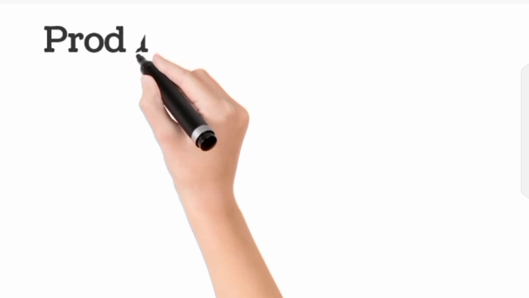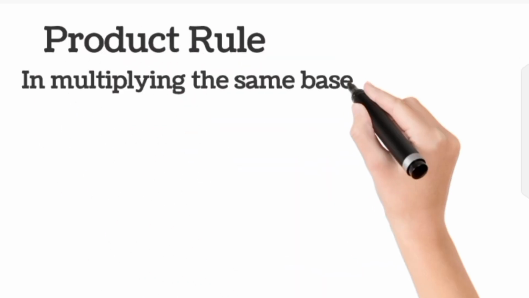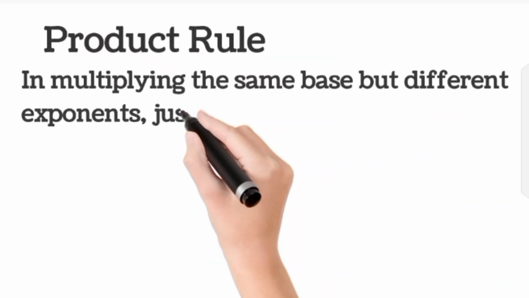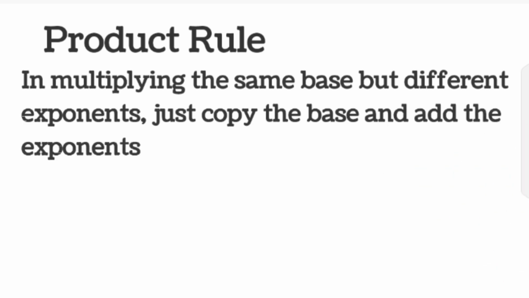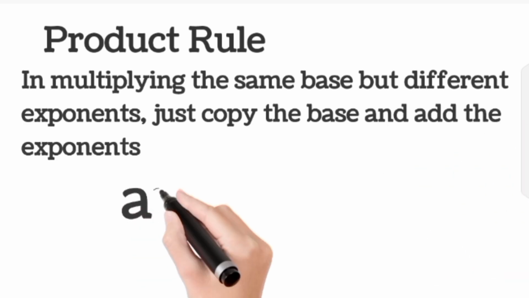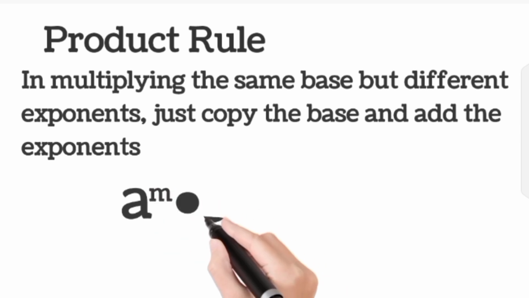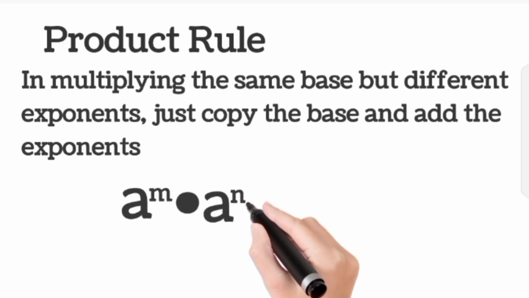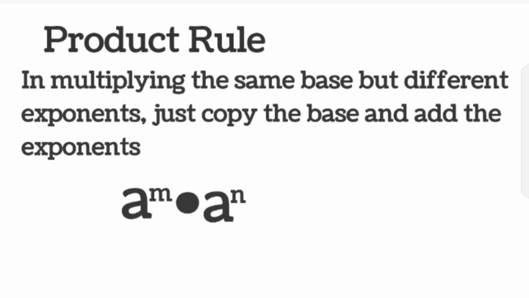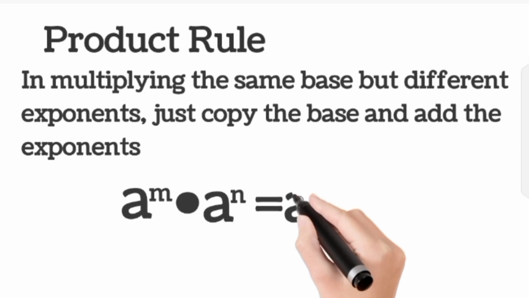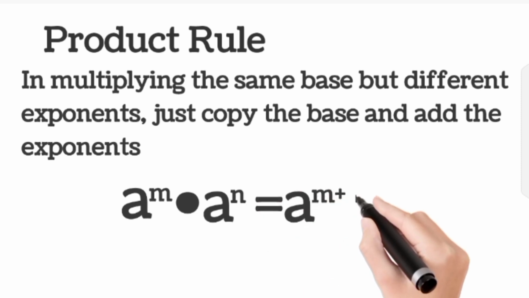First rule, product rule. In multiplying the same base but different exponents, just copy the base and add the exponents. The formula here: a to the power m times a to the power n, the same base but different exponents m and n, is equal to a to the power m plus n.